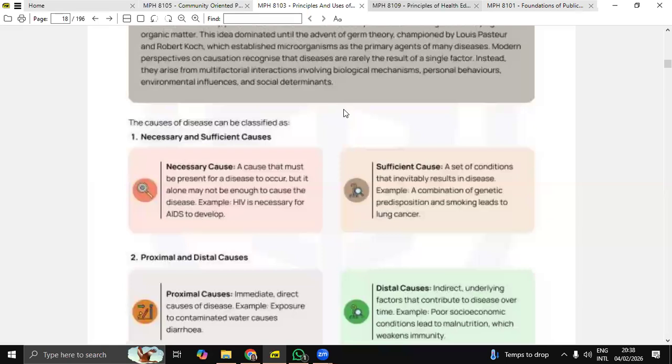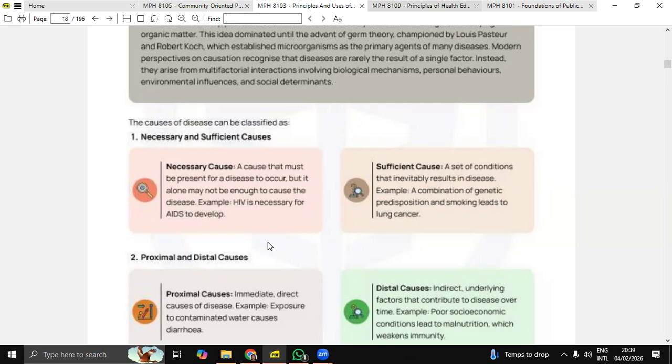I really wish we had diagrams to explain these things. So let me explain what a necessary cause is. A necessary cause is a cause that has to be present for a disease to happen. But the fact that it is present does not mean that the disease will happen.